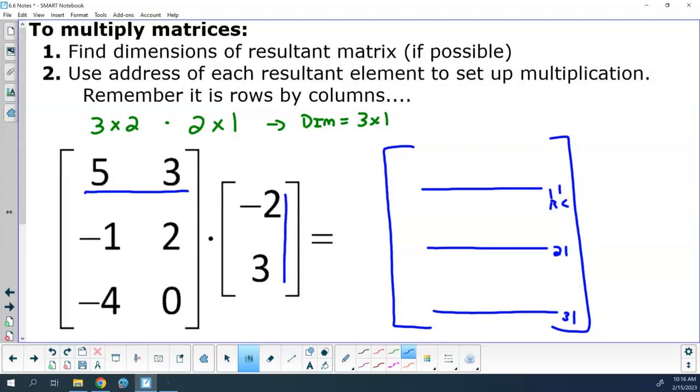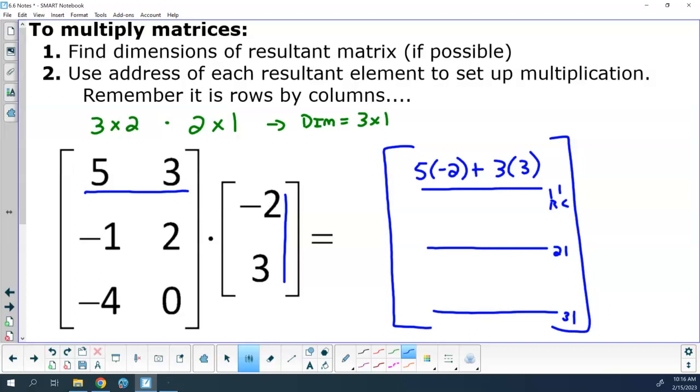Here is column 1. So you're going to take 5 times negative 2, and you're going to add it to 3 times 3. The elements from row 1, you spin around in your brain, and you multiply them by column 1. With me?